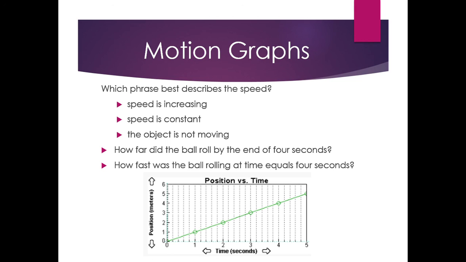Just like you can see, when 1 second has passed, the object has moved 1 meter. Then when 2 seconds have passed, it has moved 2 meters. So basically, what we can see right here is that the speed is constant.